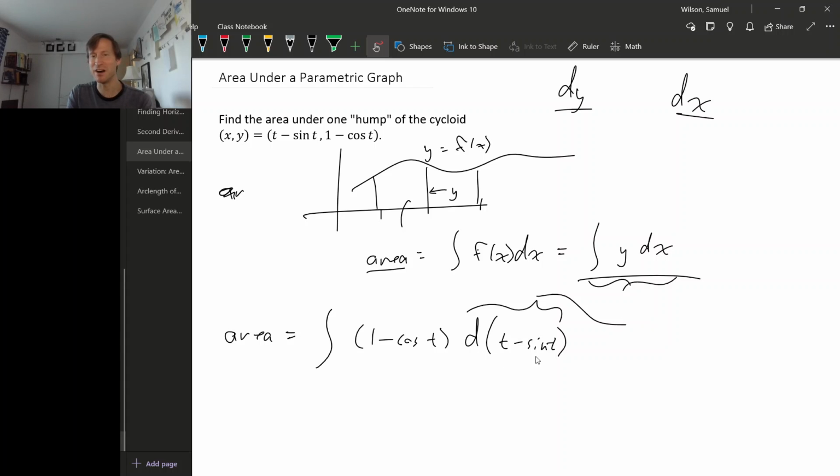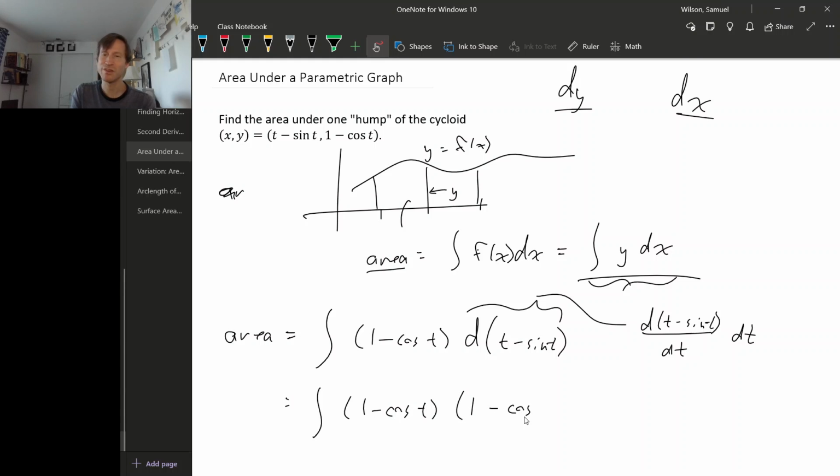When I write d of something, what this means is the derivative of t minus sine t with respect to t times dt. So this is the integral of 1 minus cosine t, and then the derivative of t minus sine t is 1 minus cosine t, dt.